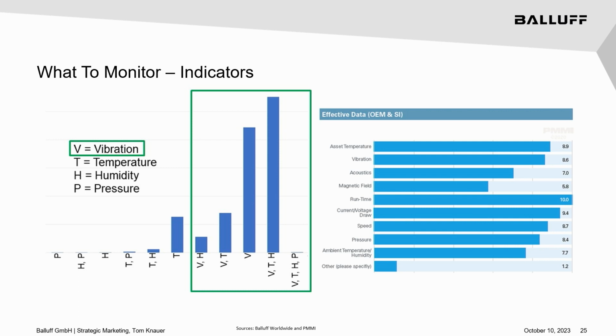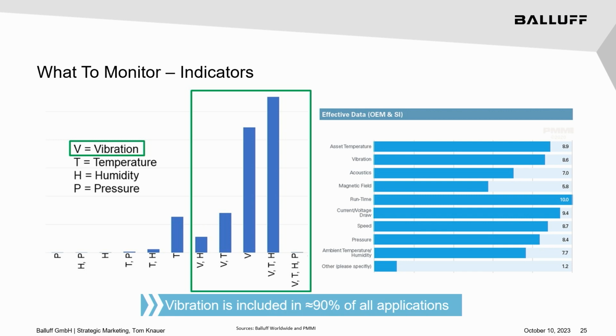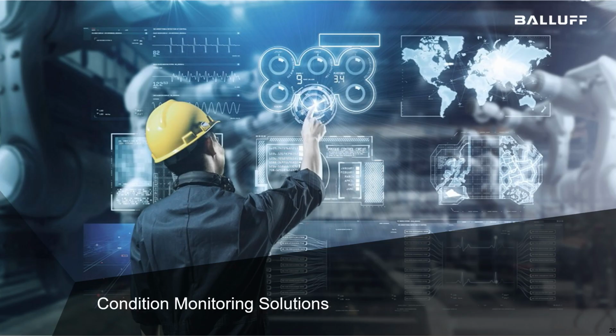They're also doing things like speed and power consumption. So there are a lot of different things that you can measure on a machine, depending on the application, to start to figure out when it is going to fail. But these are some of the typical ones, and vibration is the key factor that people monitor in about 90% of cases.